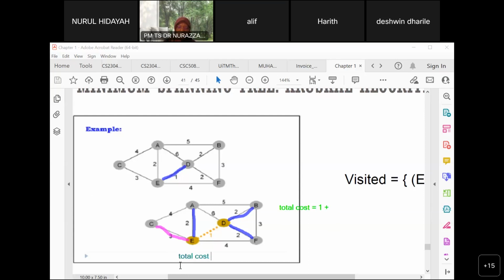Total cost 1, the first one kita select tadi. Lepas tu 2 ada 2 plus 2 plus 2 plus 3 kan.